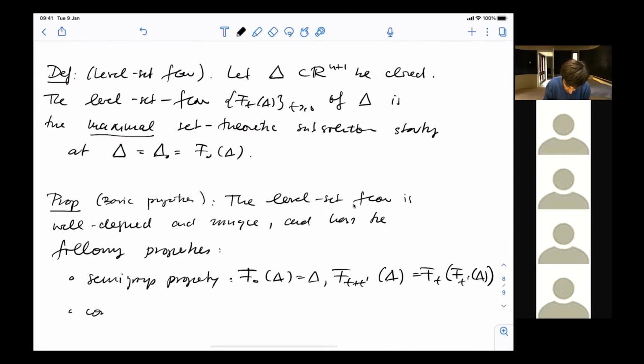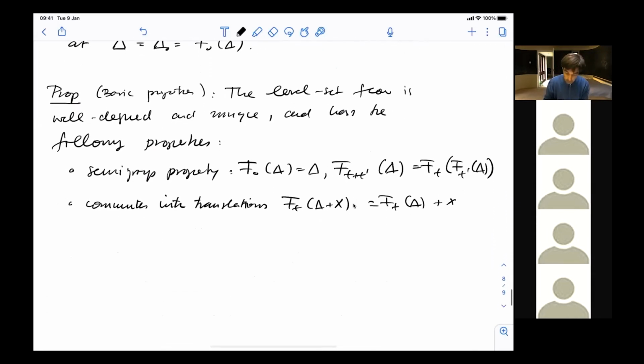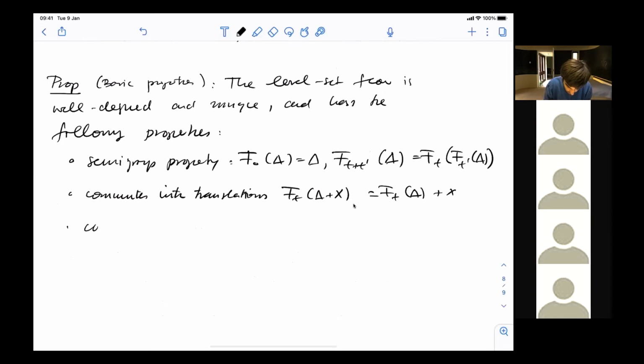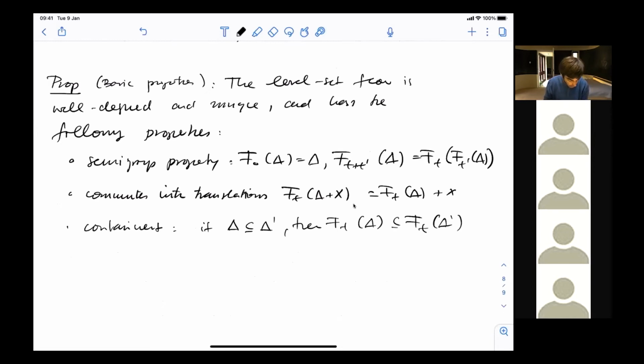Then it commutes with translations: F_t of (Delta plus x) is F_t of Delta plus x. And we have containment: if Delta is contained in Delta', then F_t of Delta is contained in F_t of Delta', because everything is done by avoidance. Let's do the proof.